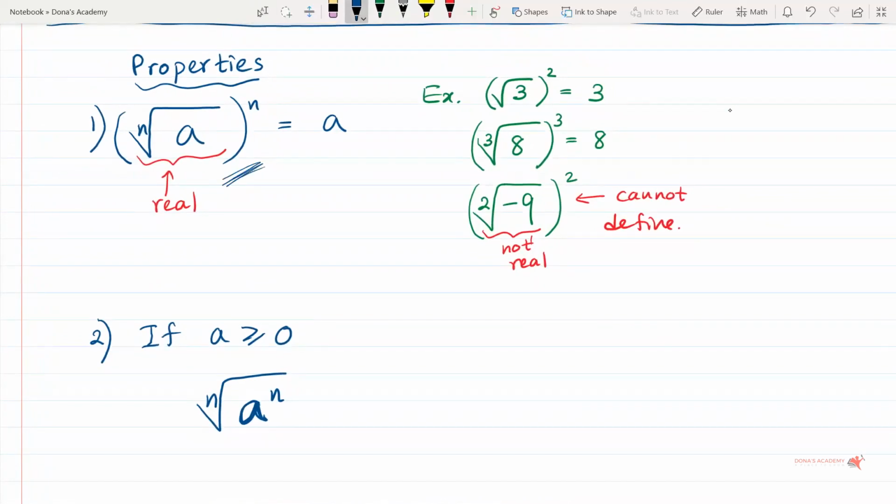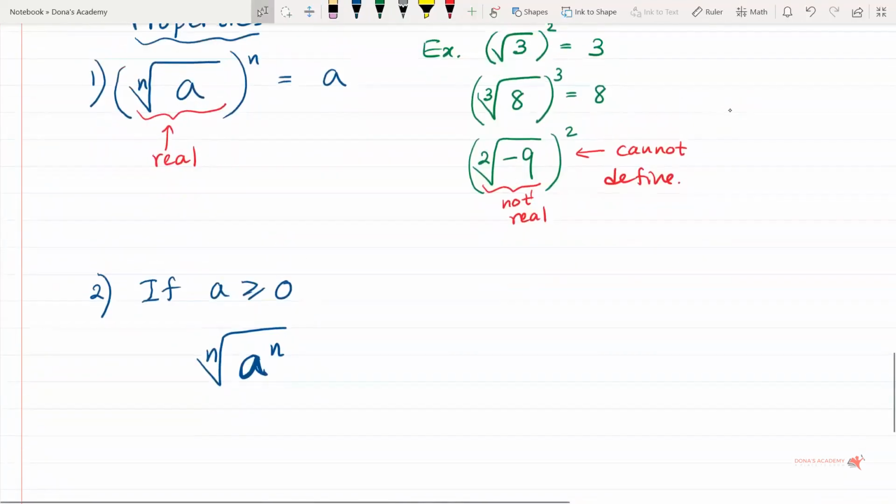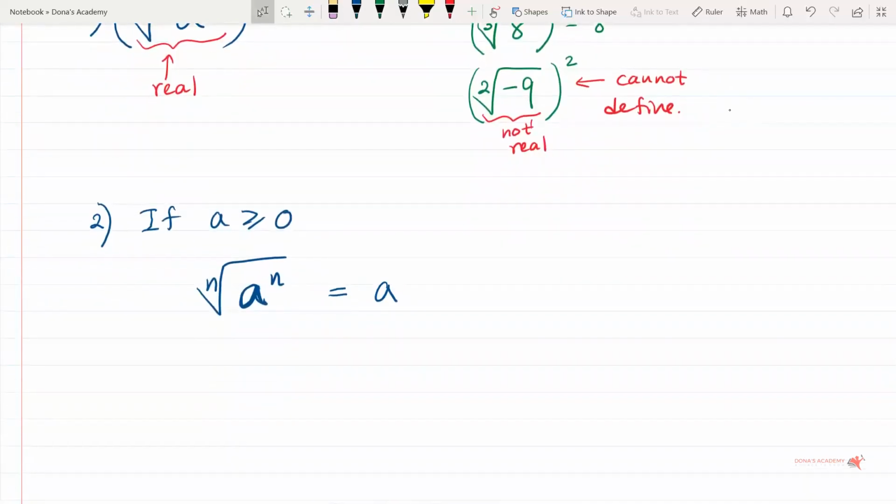Here we take the power of a and then take the nth root. They are different, right? Because now if a is greater than or equal to 0, this is exactly a, doesn't matter. However, if a is negative, we can't define it in this way. We have a completely different definition, and I will explain it in the next property.